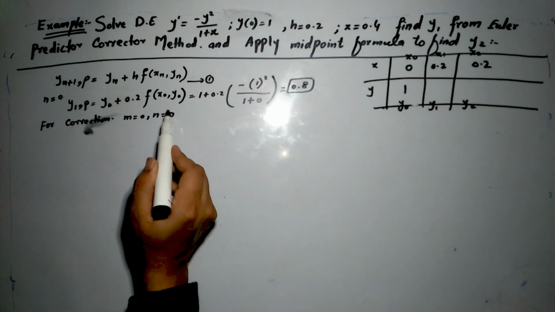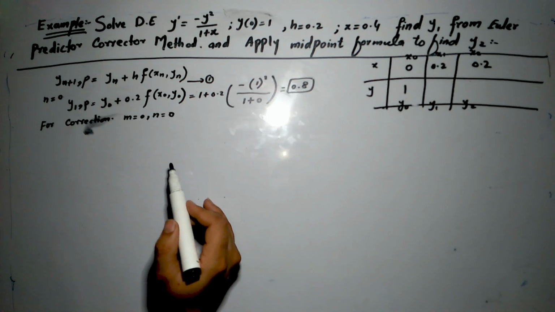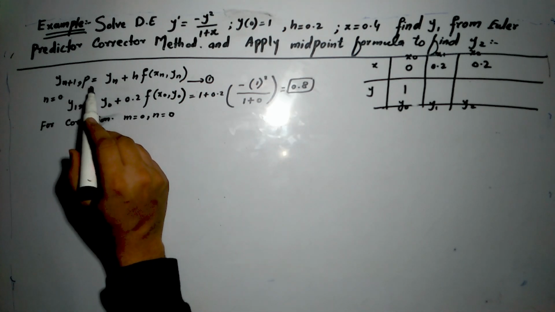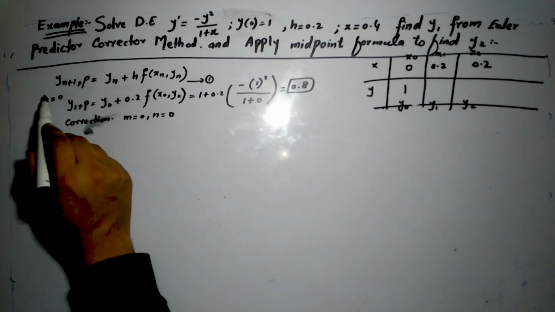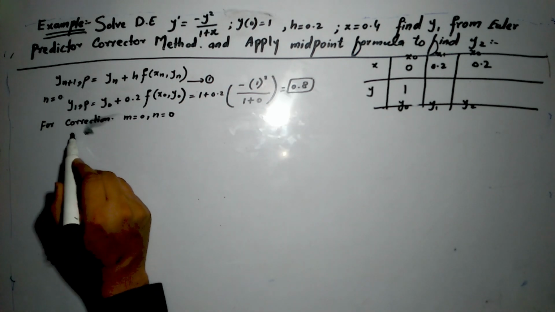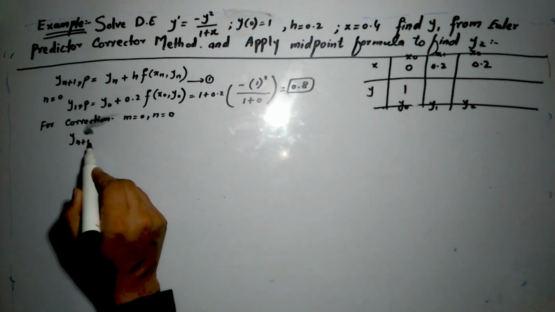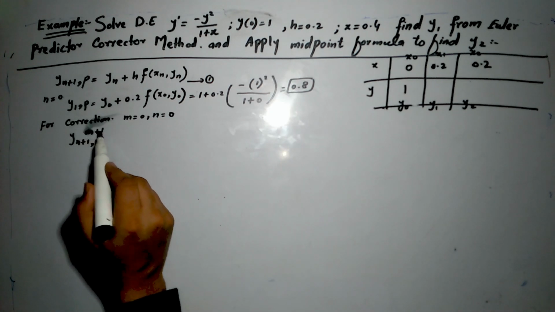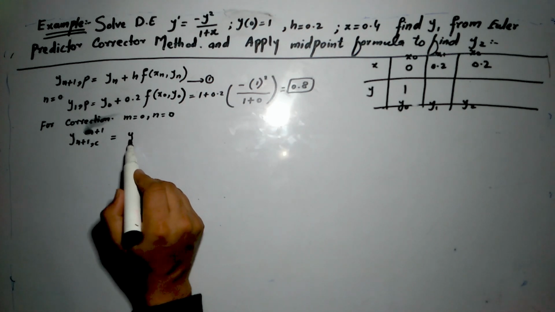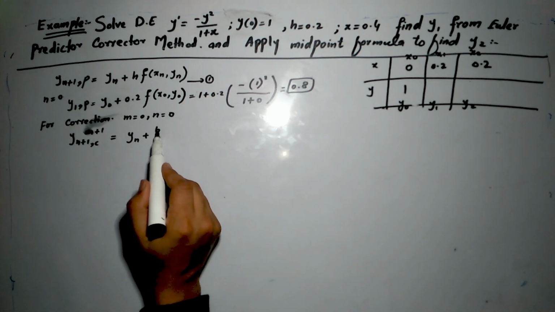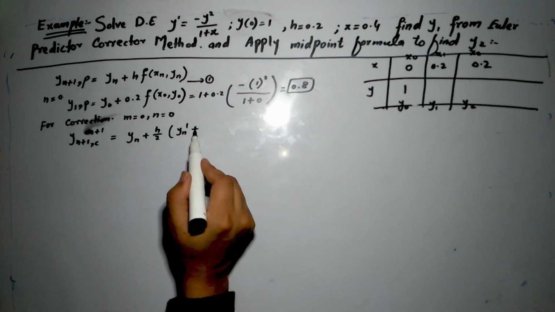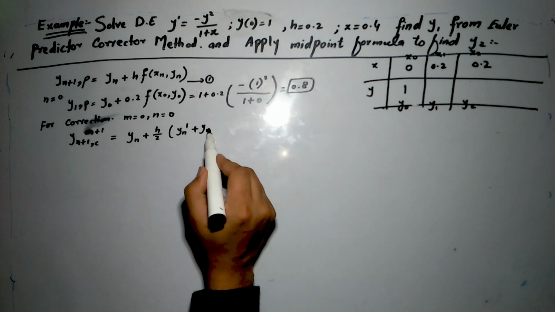So this will be equal to, if we apply the Euler trapezoidal predictor corrector method, y of n plus 1 c, m plus 1, is equal to y of n plus h over 2, times y n dash plus y of n plus 1 p dash.